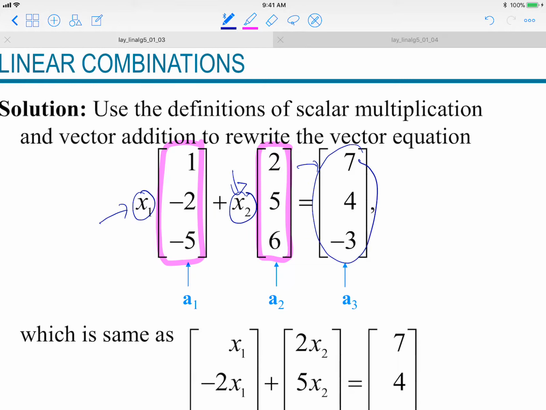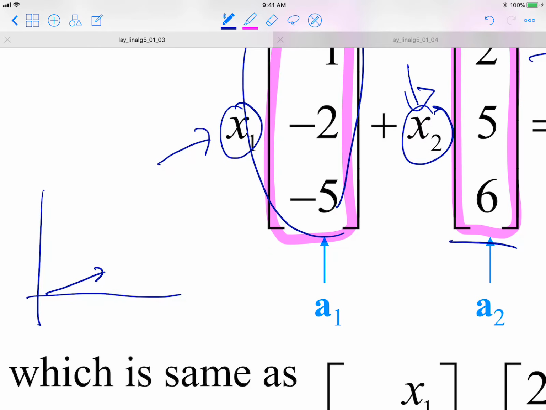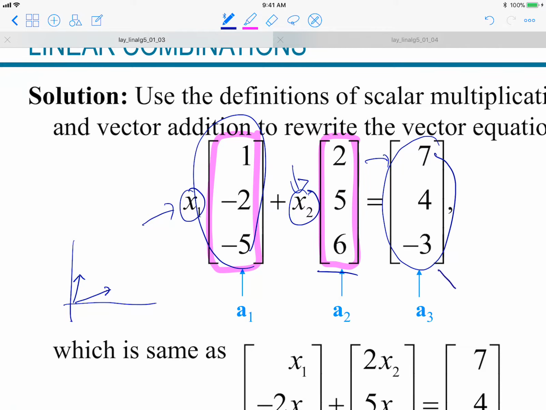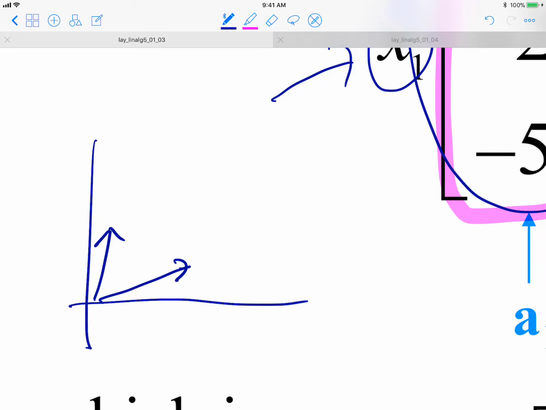And geometrically, suppose this vector was something like this, and this vector was this vector. And then this vector (7.4, -3) was somewhere around here.